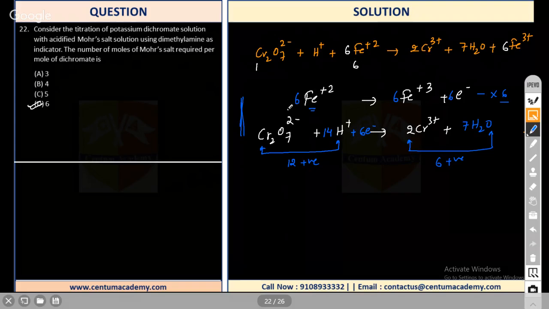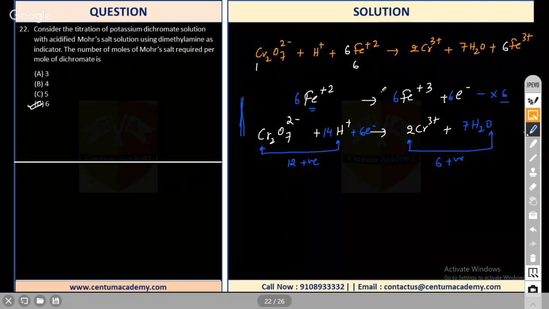So ratio should be 1 is to 6. Answer will be 6. So what you have to keep in mind here, this reaction, if you don't remember, you have to understand that in acidic medium, Mohr's salt Fe2 plus converts into Fe3 plus, and then you can balance the equation according to the rule that we have for balancing a redox reaction in acidic medium. Follow that rule, you'll balance these equations and you'll get the mole ratio.